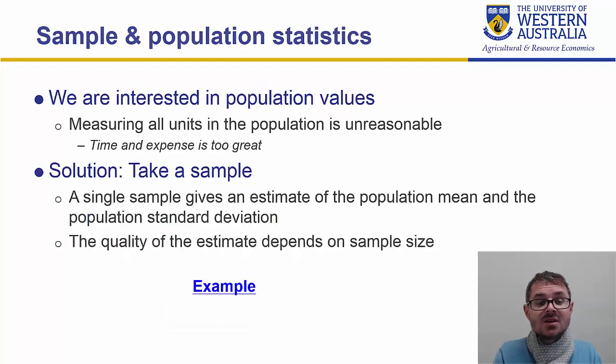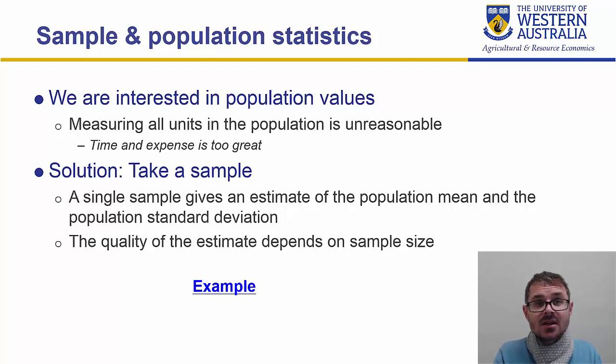So what we're really interested in doing with these parametric models is making statements about underlying populations. Now, the reality is that we never measure all of the observations in the population. We only ever take samples. So from our sample, we get a guess of the population mean and standard deviation.